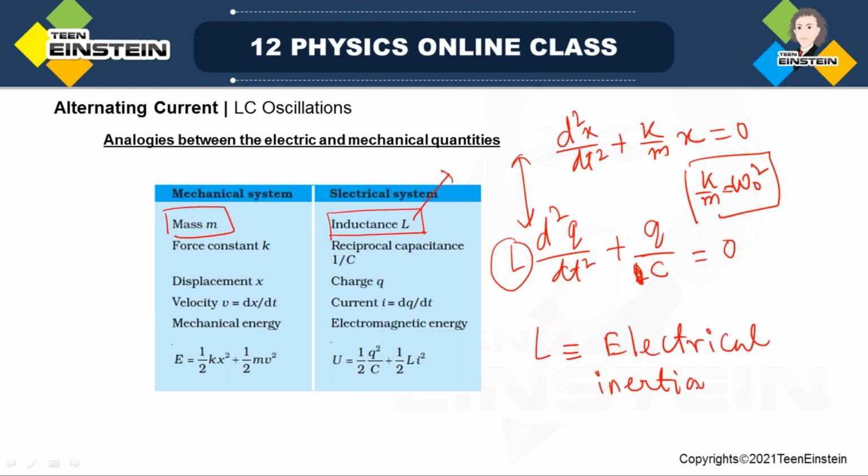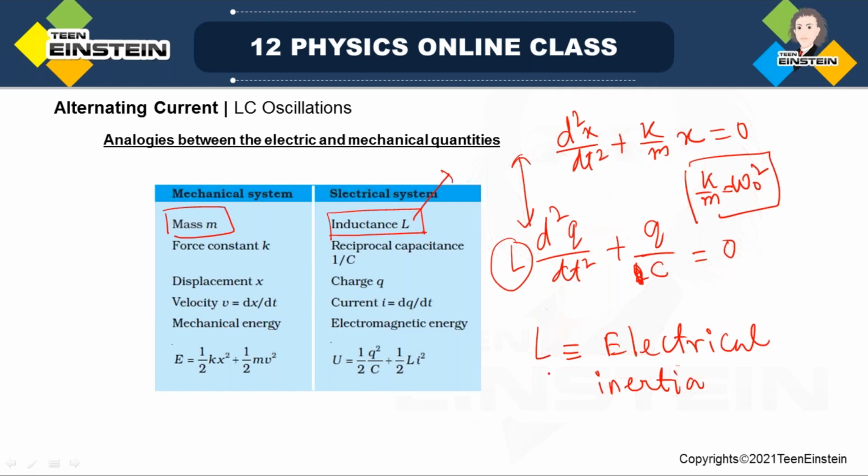It will oppose the current in the circuit. Self inductance, as you know, will be creating an opposite, it will give back EMF. So that's why it is opposing the change in the current in the circuit. So that's why it is acting as inertia. So this is called electrical inertia in an electric circuit.